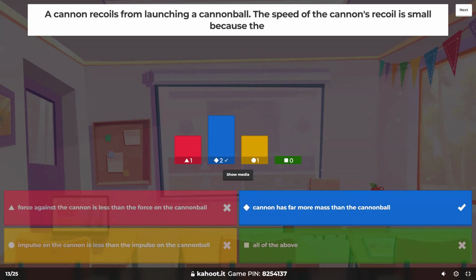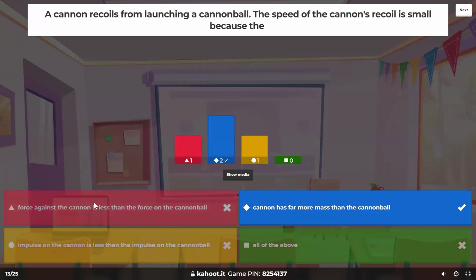So they get the same impulse, which is the same mass times velocity, but different masses are going to result in different velocities. The cannon is so massive. That's from a momentum point of view. You could also think from a Newton's second law point of view, F equals ma. The large mass is not going to accelerate as much during that explosion.